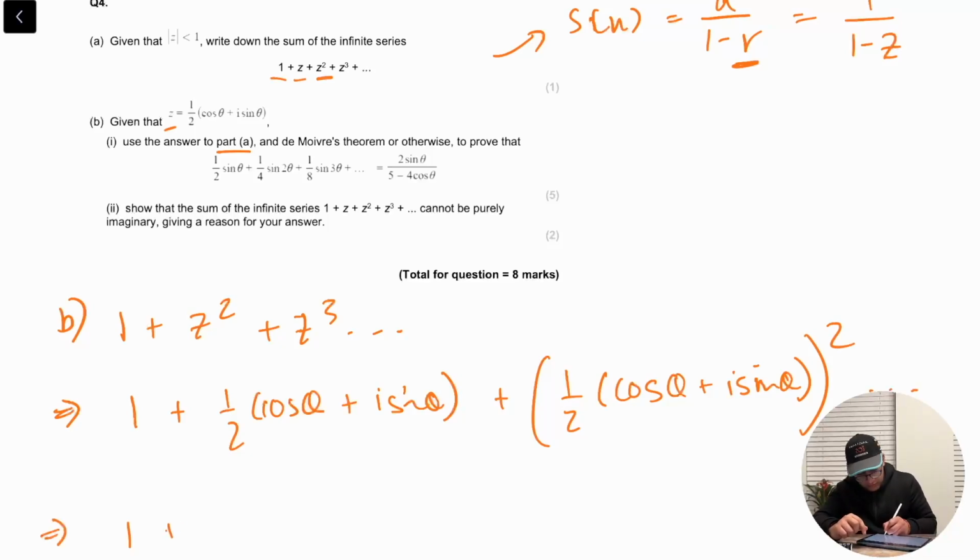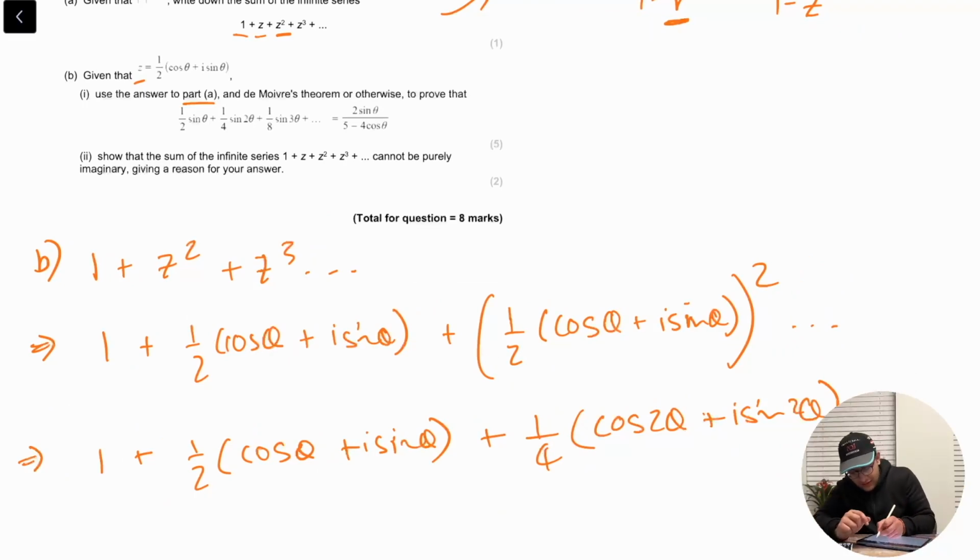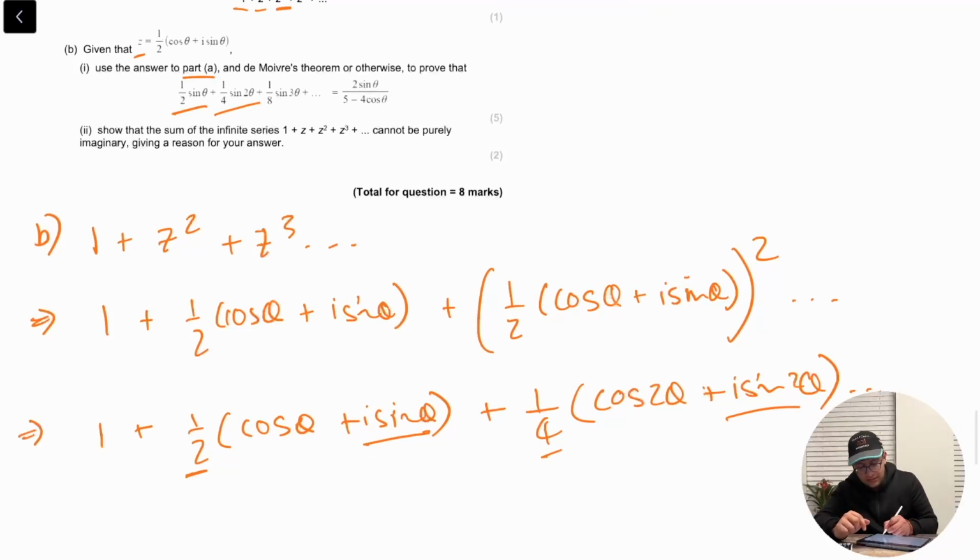What this looks like is 1 plus half (cos theta plus i sine theta) plus it's going to be a quarter, and then because of De Moivre's theorem, it's going to be (cos 2 theta plus i sine 2 theta), and so on and so forth. So as you can already see, we're sort of getting there, right? Half sine theta, half sine theta, a quarter sine theta, quarter sine theta. So it's clearly going to be the imaginary part, right? The imaginary part of this, 1 plus the imaginary part of this.